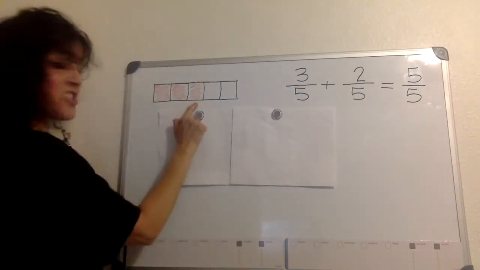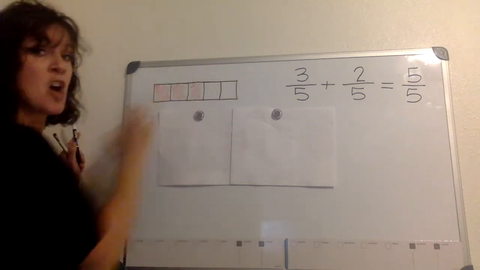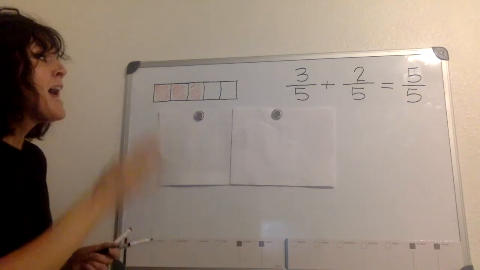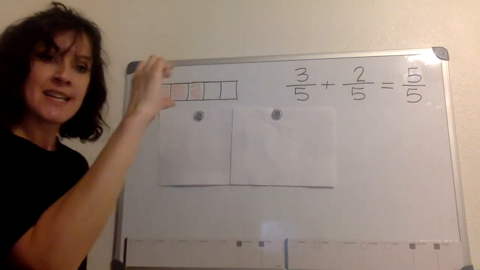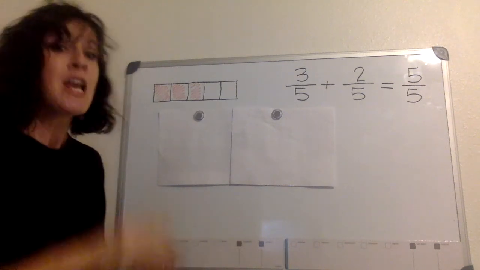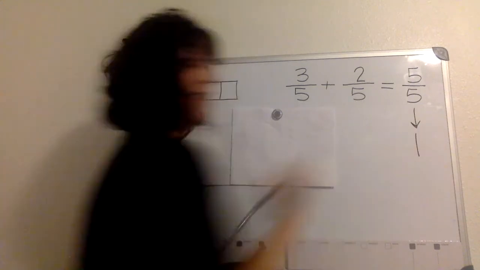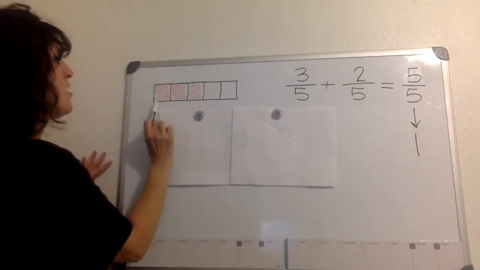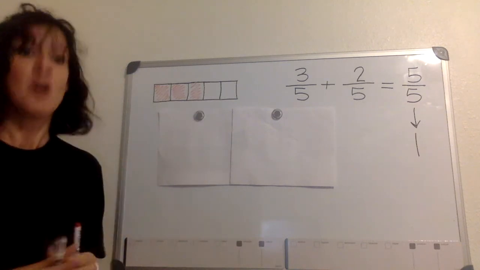We have 3 shaded, 2 not shaded, 5 parts altogether are accounted for, and whenever you see a fraction with the same number in the numerator as well as the denominator, that just equals 1, okay? Because altogether, this rectangle is 1 rectangle.